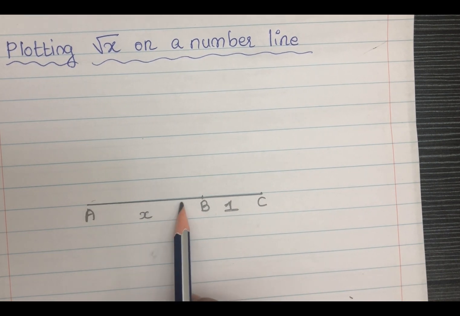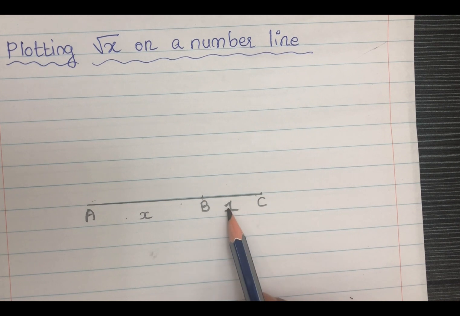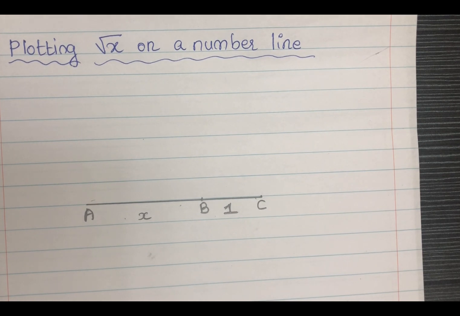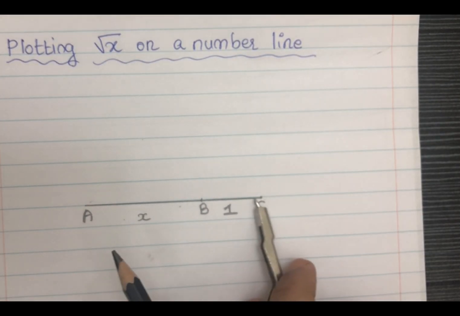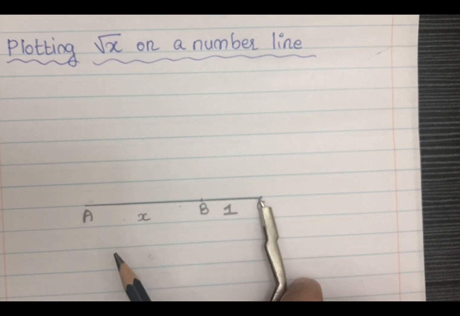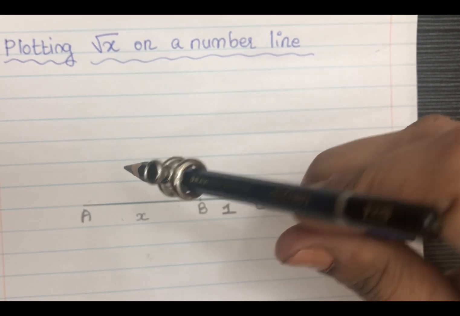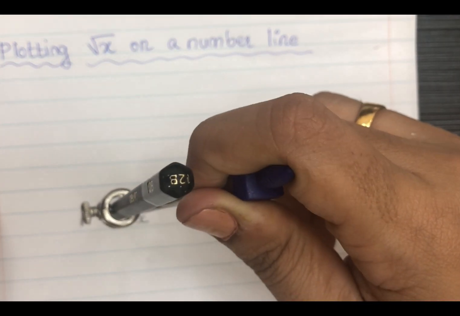So now AB is x units and BC is 1 unit, right? Now what will we do? We need to find the midpoint of AC. So for that, I'll draw the perpendicular bisector so that I can find the midpoint.